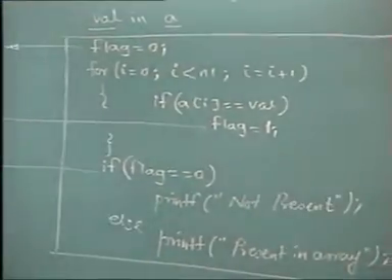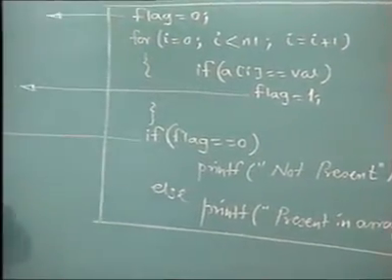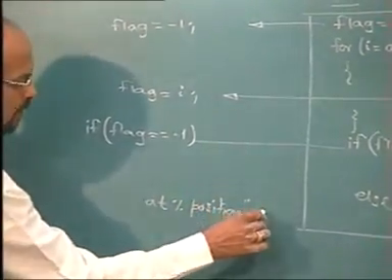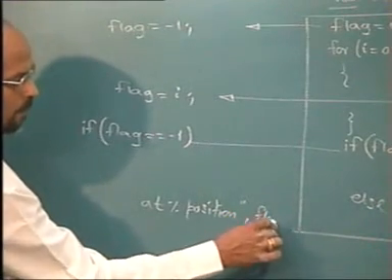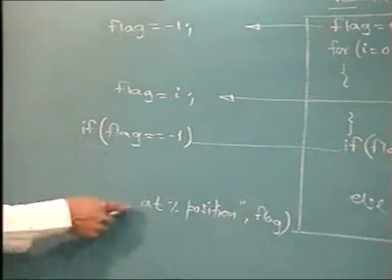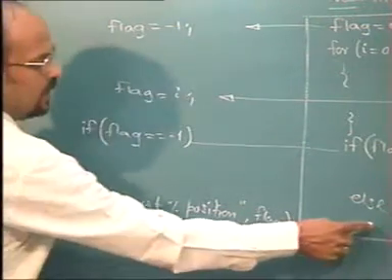Otherwise present at %d position, double quotes complete, flag. The rest is the complete printf. These are the changes to be made.